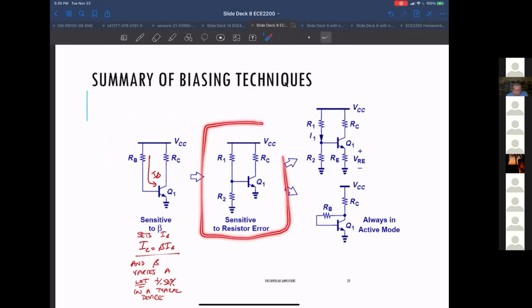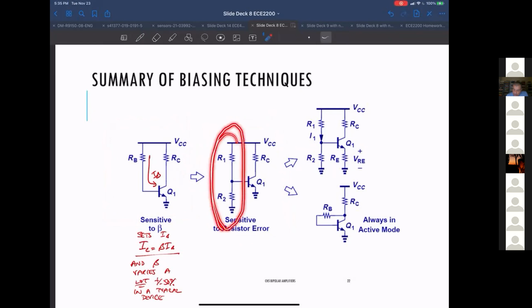The second approach we looked at was putting in a resistive divider.